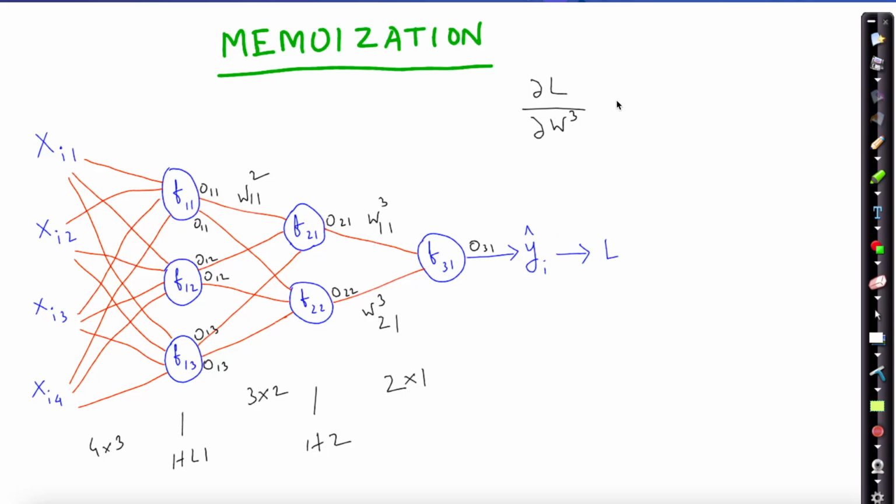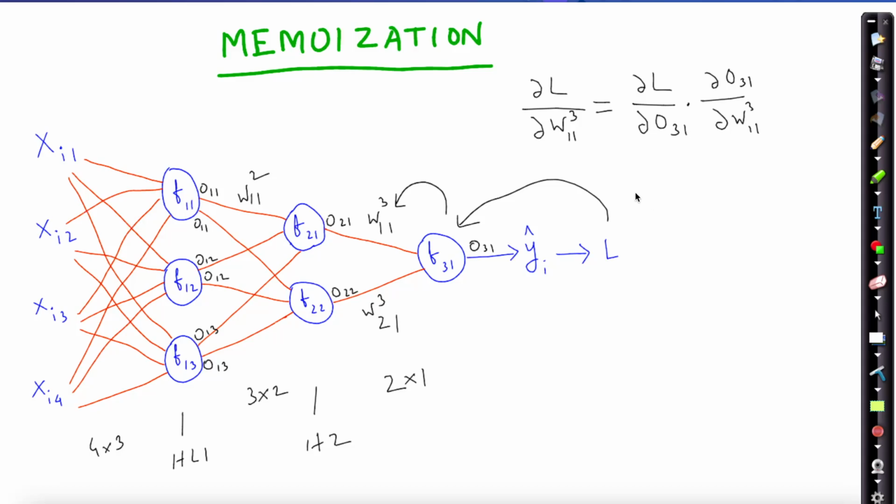So just see, for example, if I have to find this particular partial derivative, what we needed to find out is something like this: loss with respect to this, right? And this with respect to, let's say, W311, that means this weight, right? This is dependent on this. So I had to write like this: O31 by this is nothing but W311.